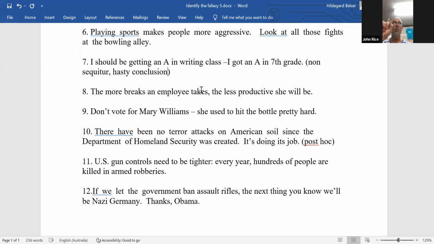But one sample is not sufficient to perform a valid induction process. So yes, that is the basis of a hasty generalization.